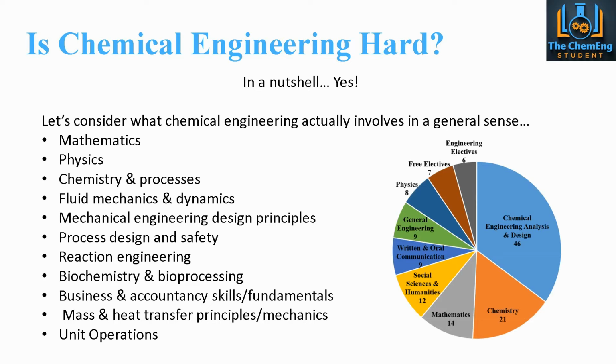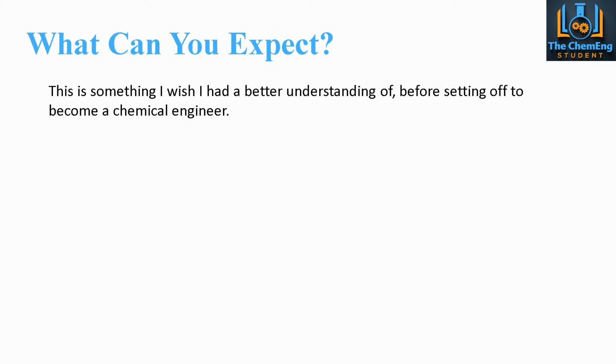You can see that there is some chemistry, some maths, and we have written and oral communication, because obviously you have presentations, dissertations, reports, etc. Again, you will find that it looks overwhelming, but you always go through it in university in small chunks. So you don't have to do this all at once. You take it step by step, and eventually you will become highly competent in all these areas.